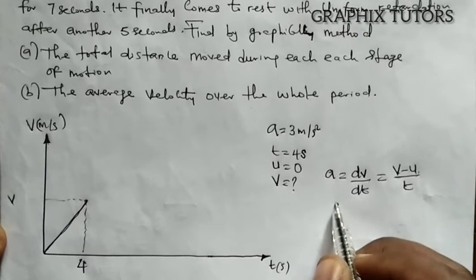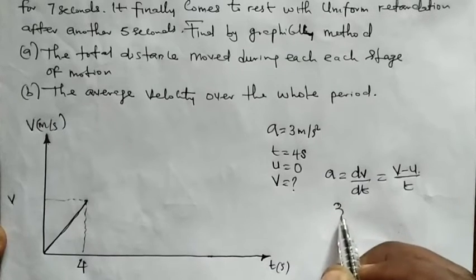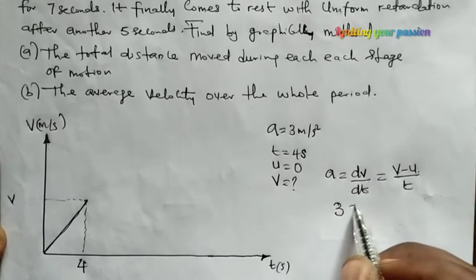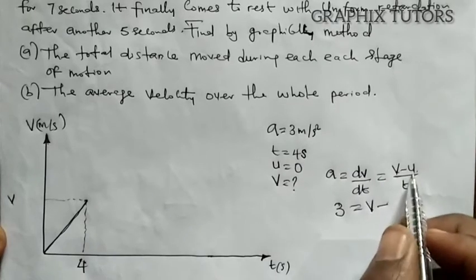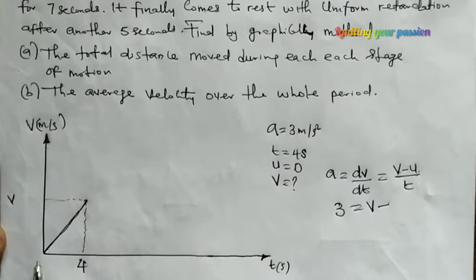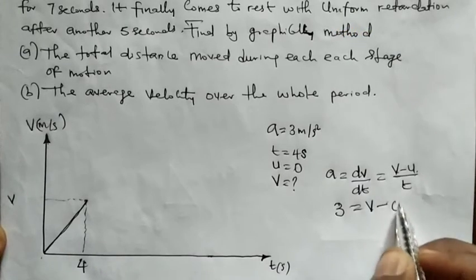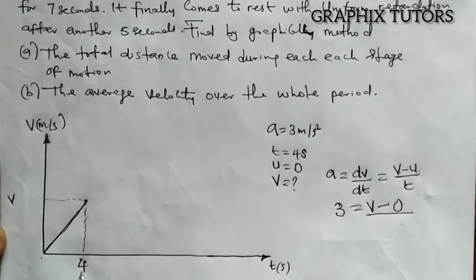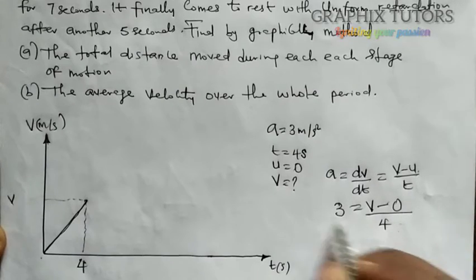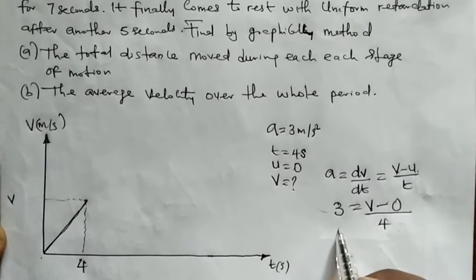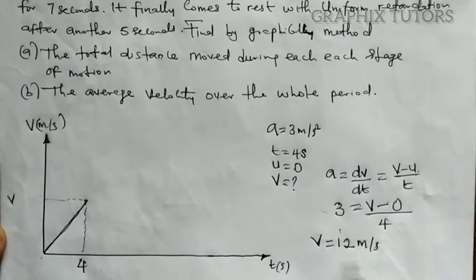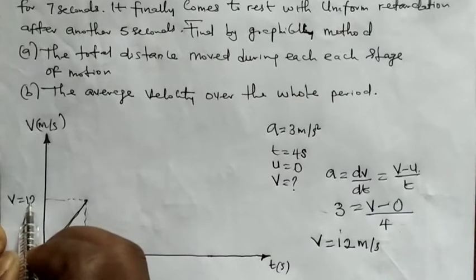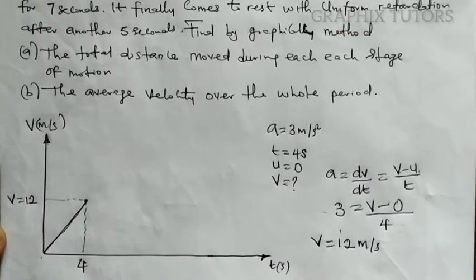So my acceleration, we know, is 3 meters per second squared, equal to final velocity, which we don't know, minus initial velocity, which is 0 because the body is starting from rest, all over the time, 4 seconds. So if I cross multiply, 3 times 4 is 12. So my velocity is equal to 12 meters per second. I'm going to put 12 here. So let's proceed.